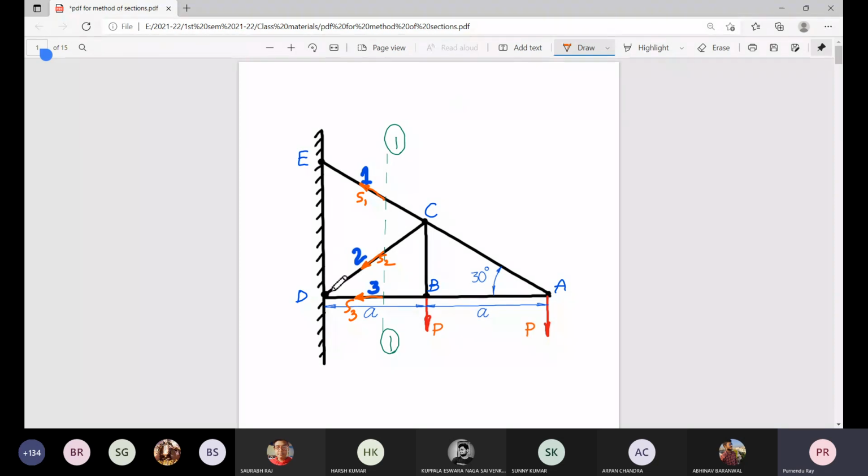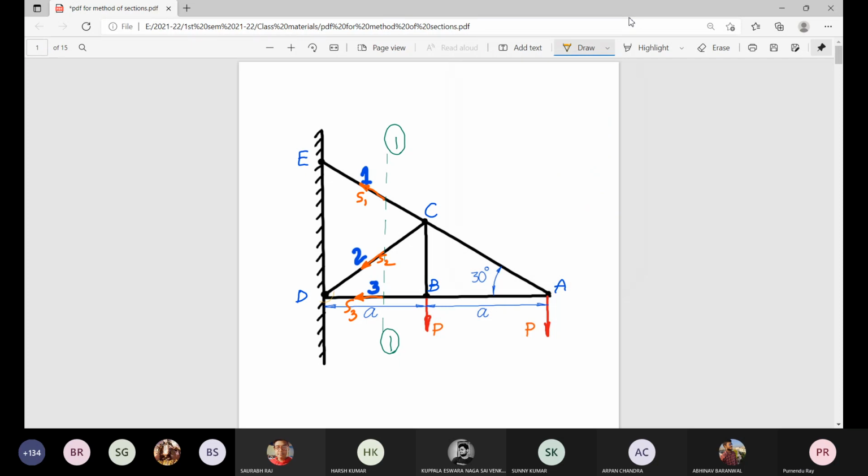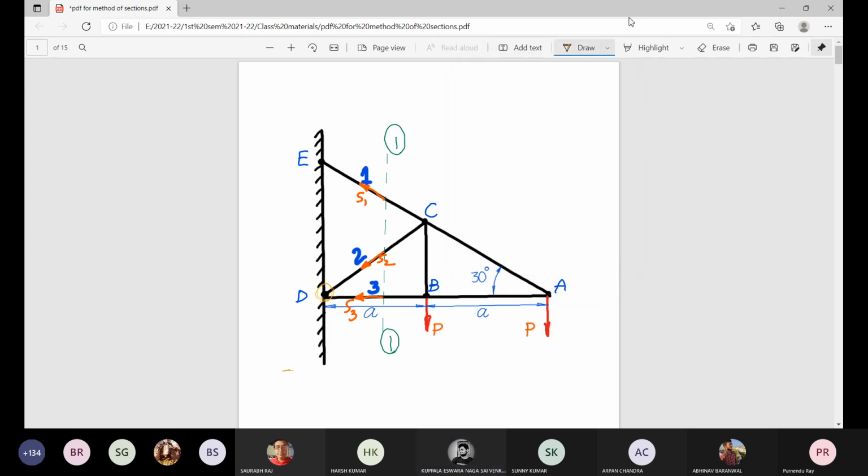Suppose we select a location D. If this location D is considered as the moment center, then the moment due to S2 and S3 is 0. So sigma MD equals 0 will give you no contribution from S2 and S3, so directly we get S1.